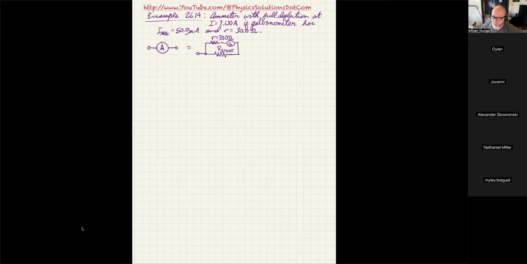We'll just write sub S. But this is a shunt valve basically. Have y'all ever heard of the word shunt or a shunt valve before? I don't see anybody chatting anything.